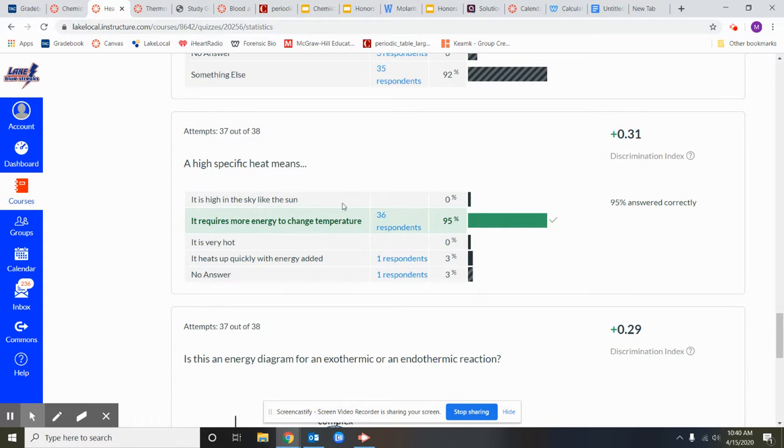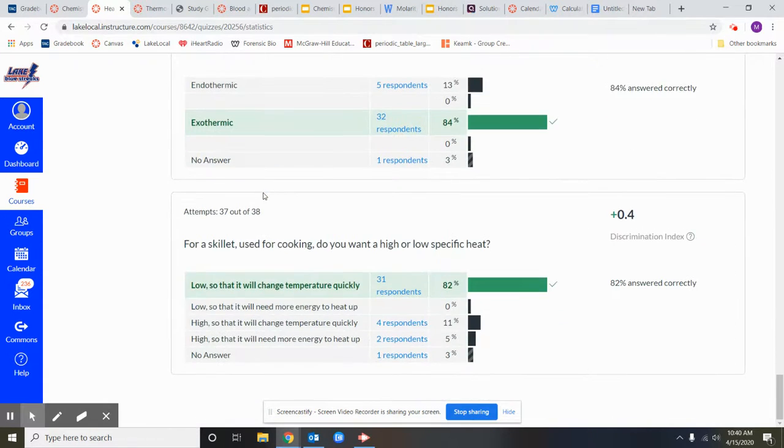Okay, so I'm actually going to skip this question for a second and go down to here, because this kind of goes along with that. For a skillet used for cooking, do you want a high or a low specific heat? I want a low specific heat, because if it's low, it means that it's going to heat up really quickly. You don't want to be trying to make scrambled eggs and you're waiting 40 minutes for your pan to heat up. So when you're cooking, you want low specific heat.